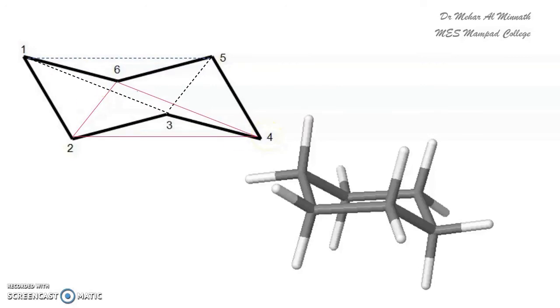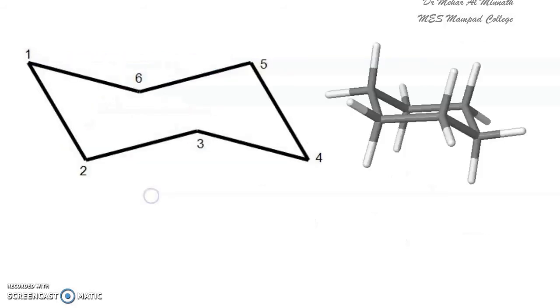And remember, carbon 1, carbon 3 and carbon 5 are pulled up and they are coplanar. Similarly, carbon 2, carbon 4 and carbon 6 are coplanar and they are pulled a bit down the plane. Alright, now we'll see how we draw the CH bonds on the chair form.